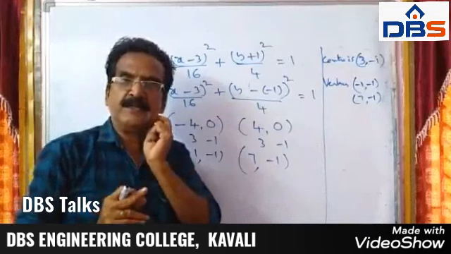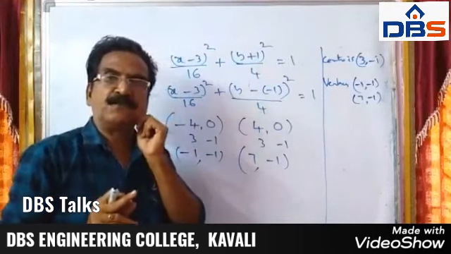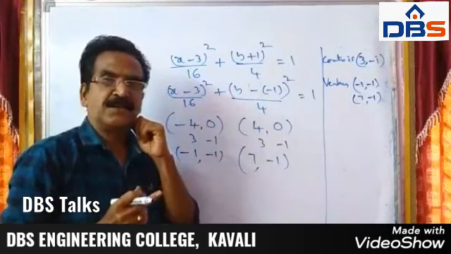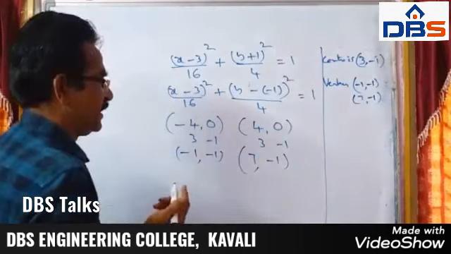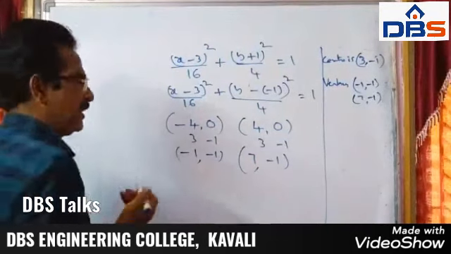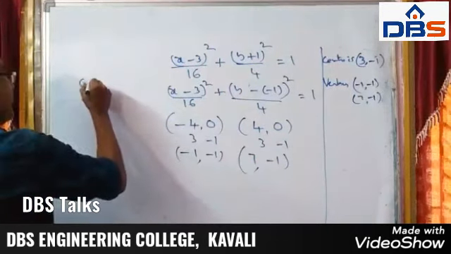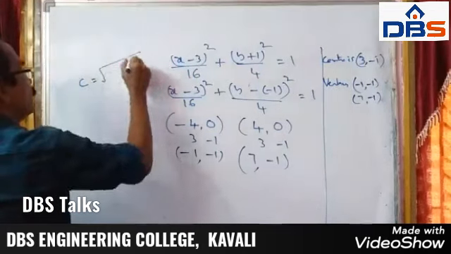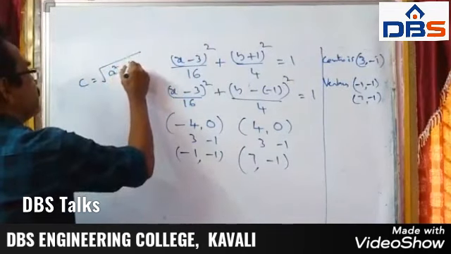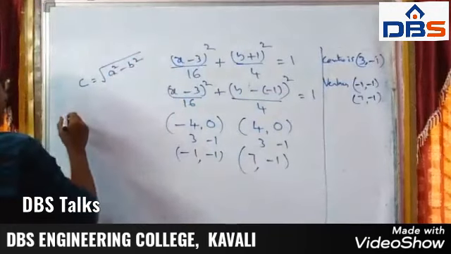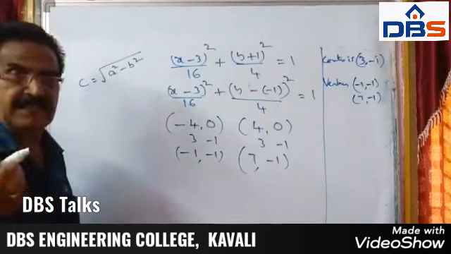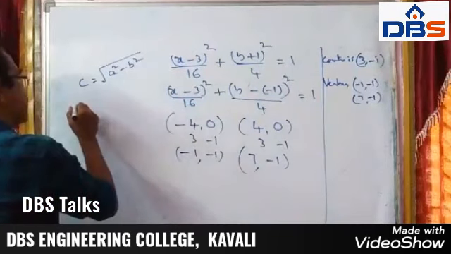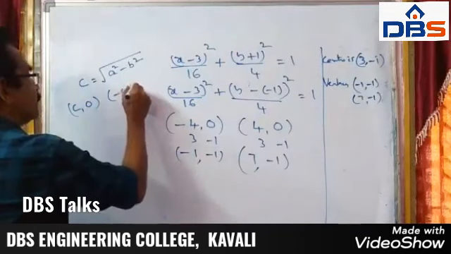For x square by a square plus y square by b square, what are the foci? c comma 0 and minus c comma 0, where c is equal to root of a square minus b square. So the foci of the ellipse where the center is 0, 0 are c comma 0 and minus c comma 0.